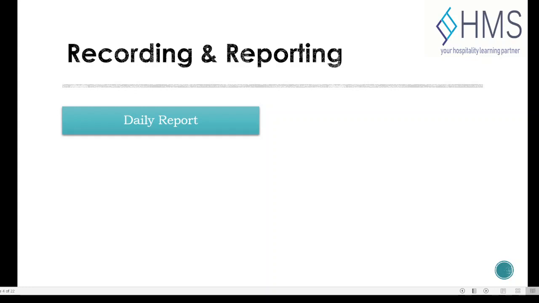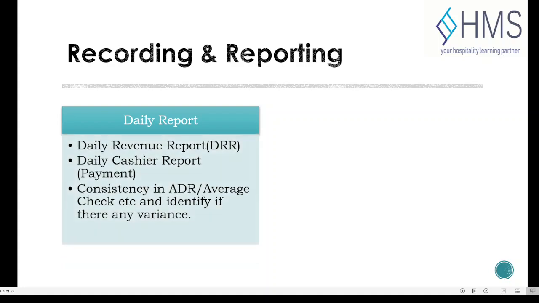We have to generate a daily revenue report for the hotel, which consists of room revenue by segment, F&B revenue by outlet, by meal period, other operating departments, and other statistics like the occupancy and the revenue rates and the walk-ins and cancellations or length of stay, all those kinds of statistics which are important for the operation departments to make daily decisions, right? So these are daily reports that they have to create.